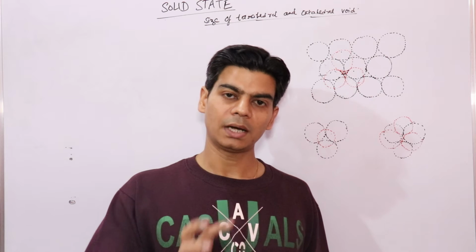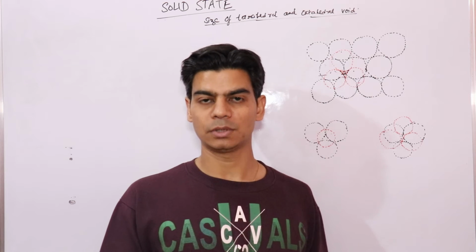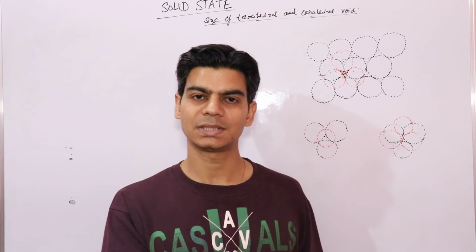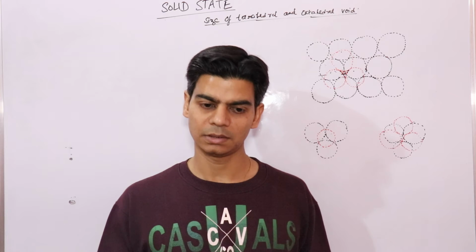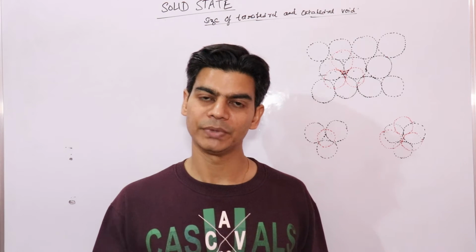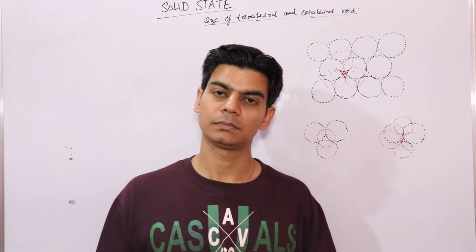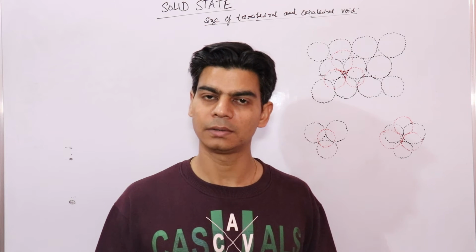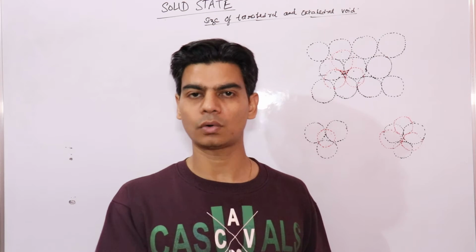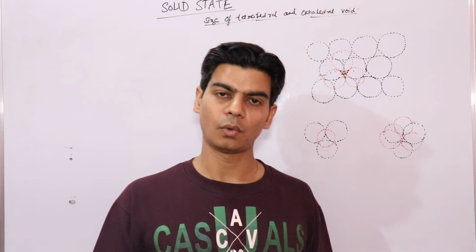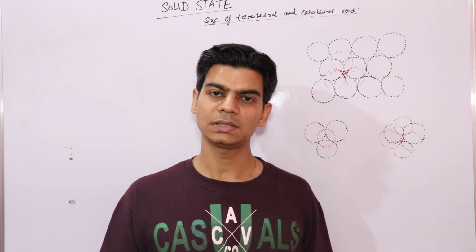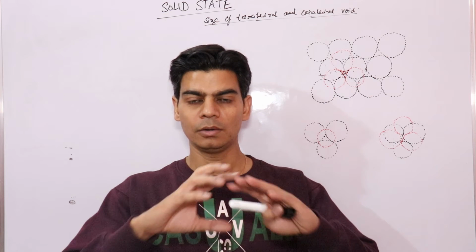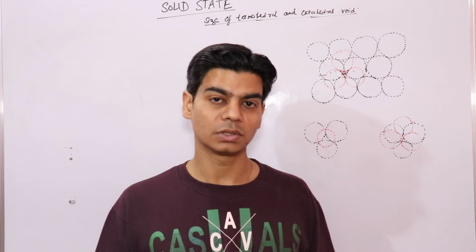Now, there are 2 types of empty spaces that we see in a crystal lattice, based on the arrangement of particles around these empty spaces. The first type is called a tetrahedral void, and the second is the octahedral void. Tetrahedral voids are those empty spaces that are surrounded by 4 particles or 4 spheres.